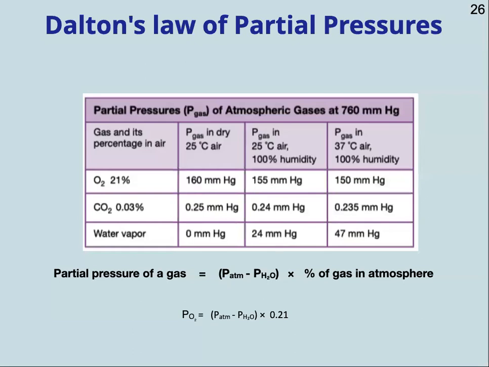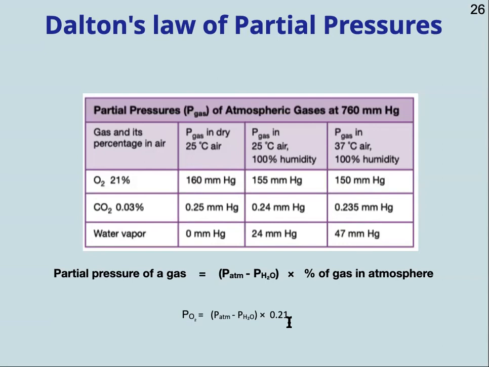At 100% humidity at 37 degrees Celsius, the water vapor pressure is 47. So if you do that same calculation, 760 now minus 47, which is the water vapor pressure here, and then multiply that value by 0.21, you should get 150 millimeters of mercury.